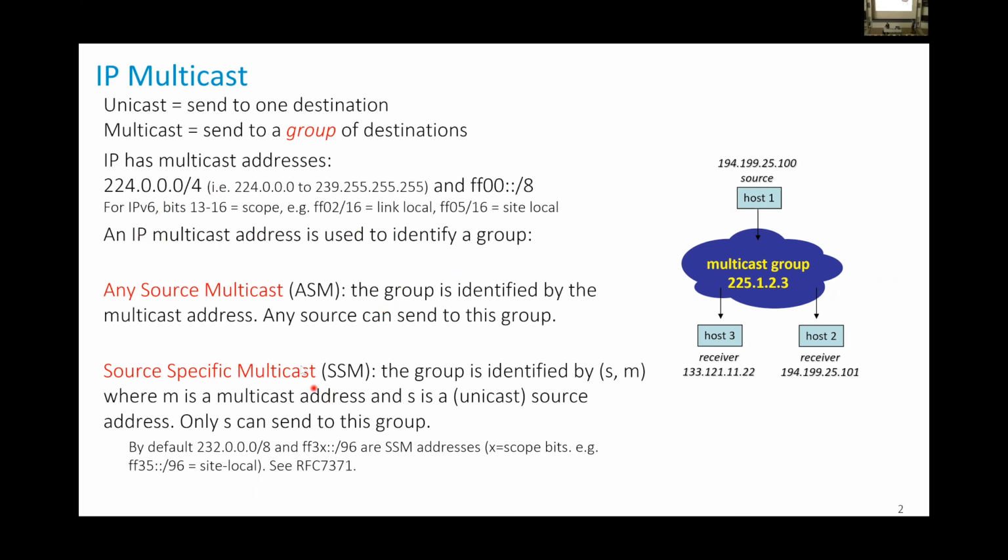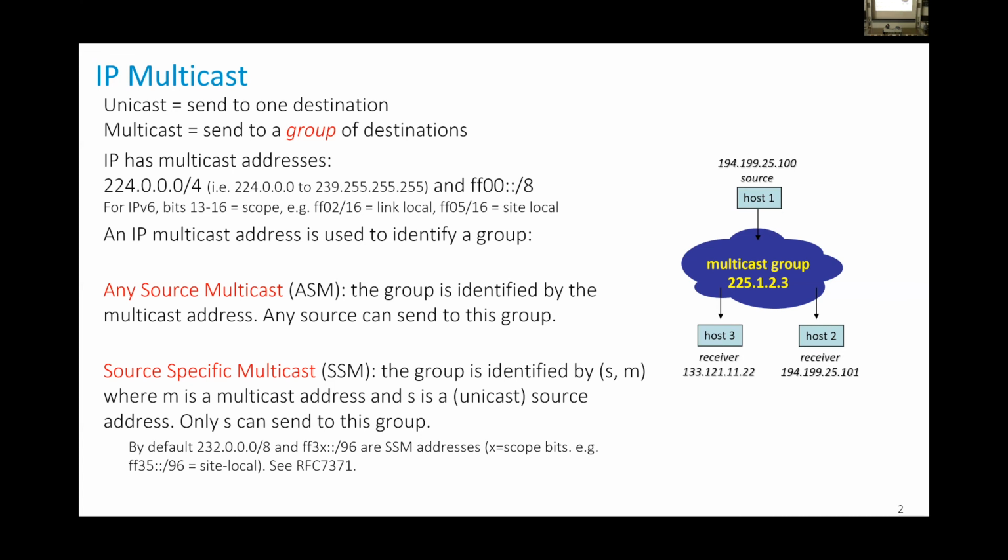In fact, there are two ways of doing it, which are called any source or source specific. Any source multicast means this IP address can be used by anybody to send to. So there can be multiple sources, and the group is therefore identified fully by the address. Source specific means, no, this multicast address is not saying what the group is.